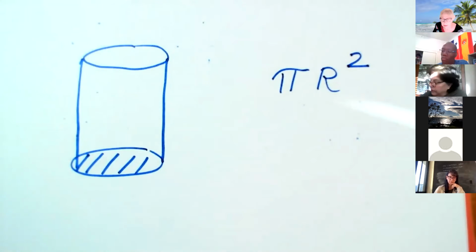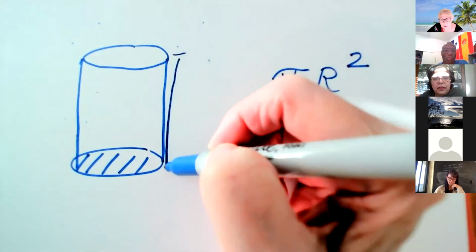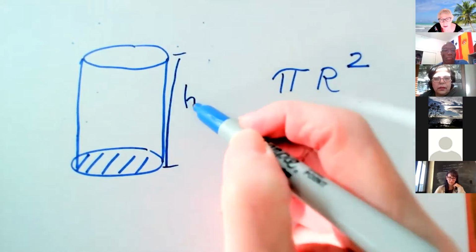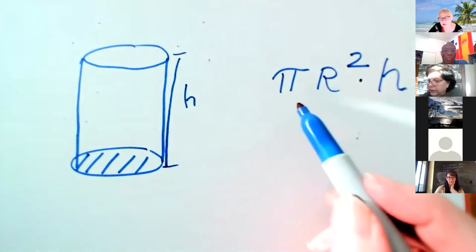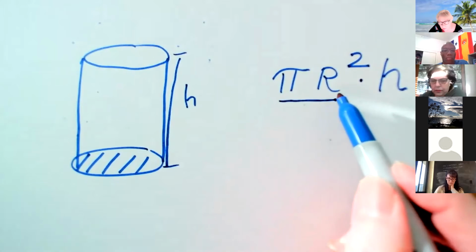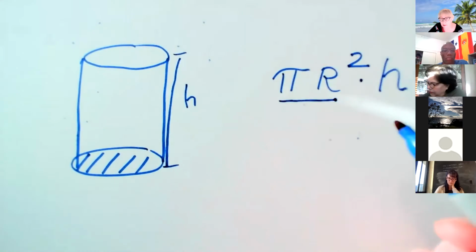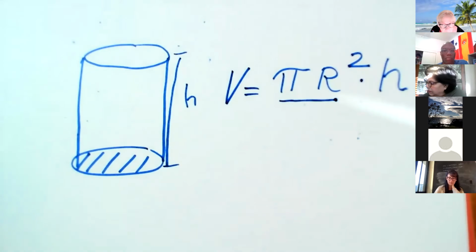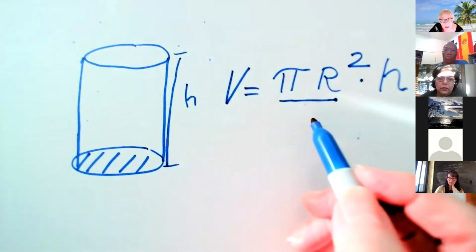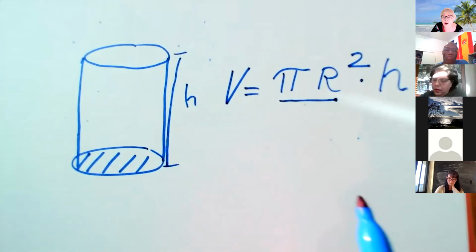For the volume inside this cylinder, all you have to do is include the height. This is the circle, which is the bottom, and then it's raised up to the height. Anytime you have volume, you have 3 dimensions, and you have cubic units: cubic feet, cubic inches, cubic yards, cubic miles, whatever.